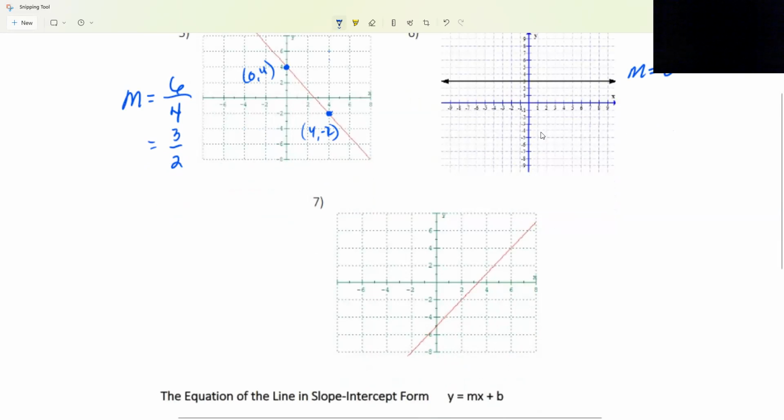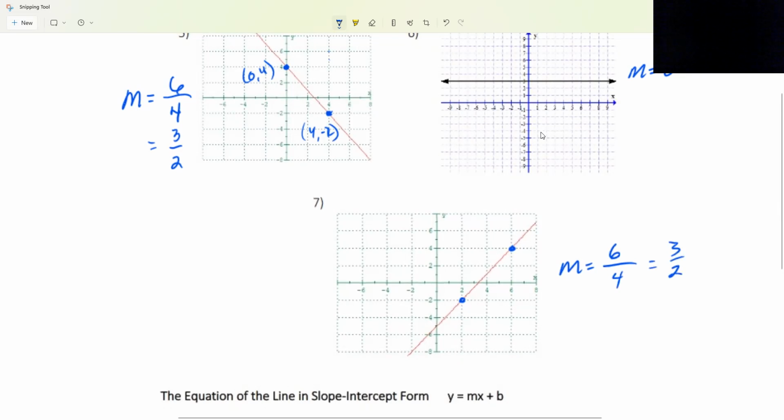So what I'm going to do, I know this point and I know this point. So m is equal to, how many do I need to go over? I need to go over 2, 4, and then I need to go up 2, 4, 6. So this is going to be positive 3 halves.